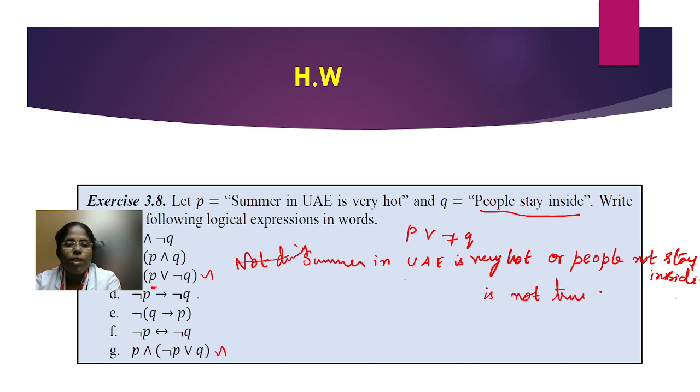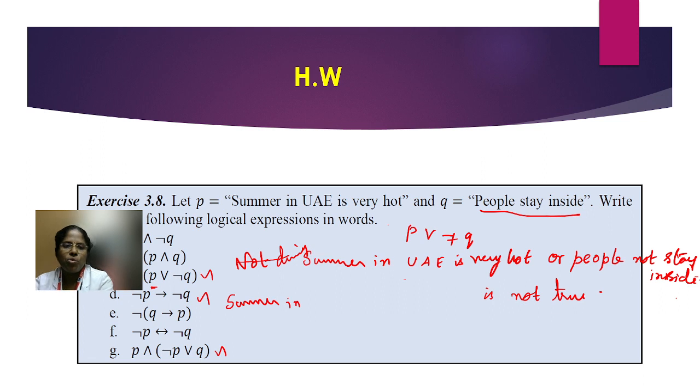Okay, for the D, how we can use negation of P means summer in UAE is not very hot. Here we need to use not very hot. And not Q means people not stay inside. So if summer in UAE is not very hot, then people not stay inside.